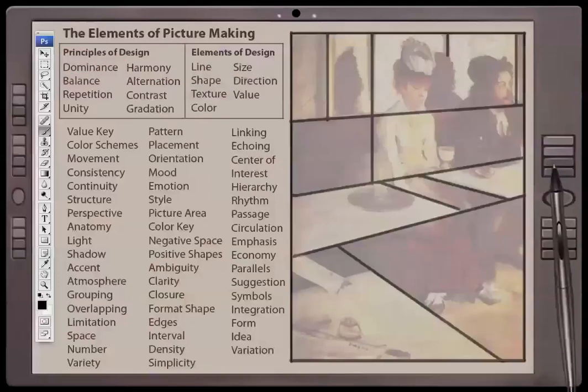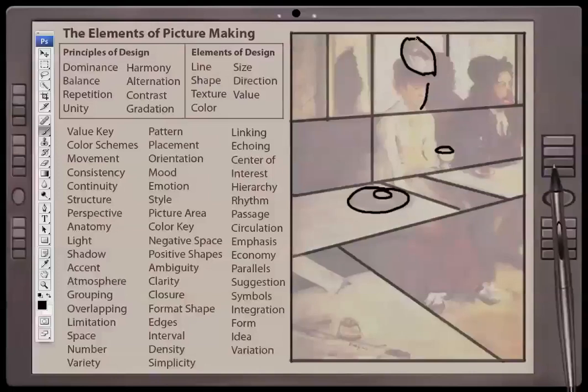Now, besides a lot of straight lines in this composition, Degas introduces curved lines to contrast with those straight lines, to give relief to all of those straight lines, and to provide emphasis through contrast of line. So there's a curve right there and right there. And then there's a curve here at the side of her face. There's a curve here. And these curves are making oval shapes, like that.